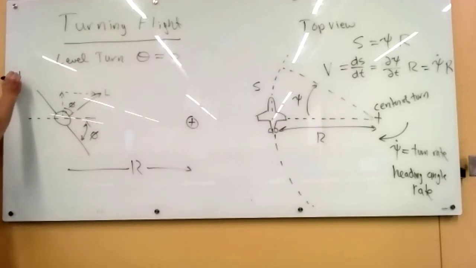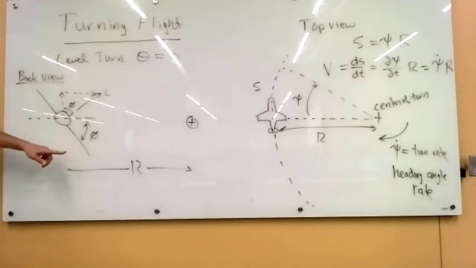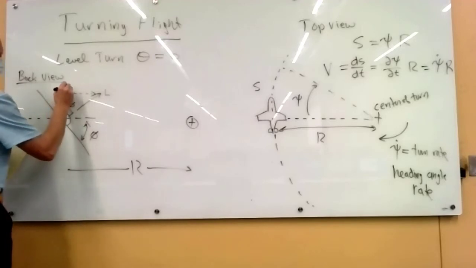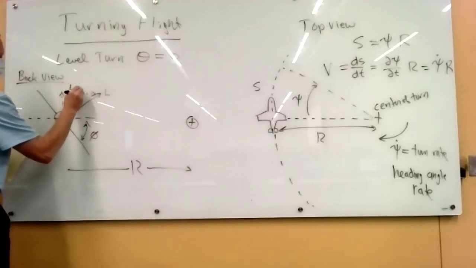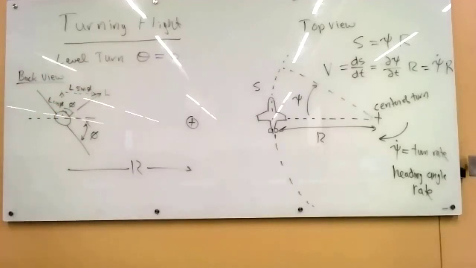And this is a back view. And I emphasize that because the bank angle is positive right wing down, just by definition. All right, so on this diagram, this is L sine phi. This is L cosine phi. So those are the two components.